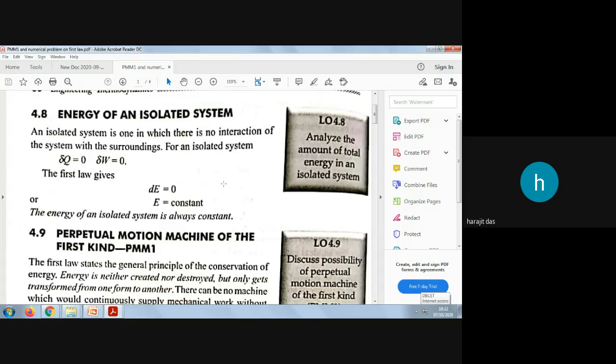So what is an isolated system? Basically the system is divided into three categories. One is the closed system or control mass system. Second is the open system or control volume system. Third is the isolated system.